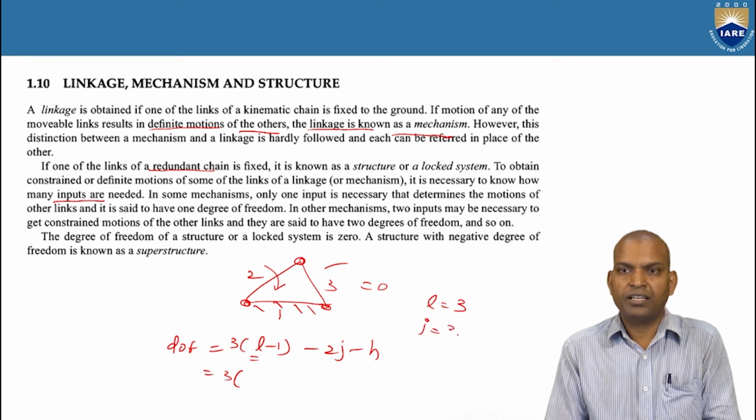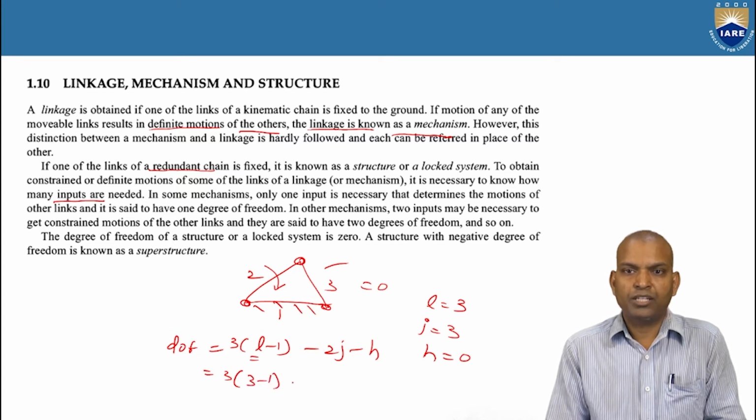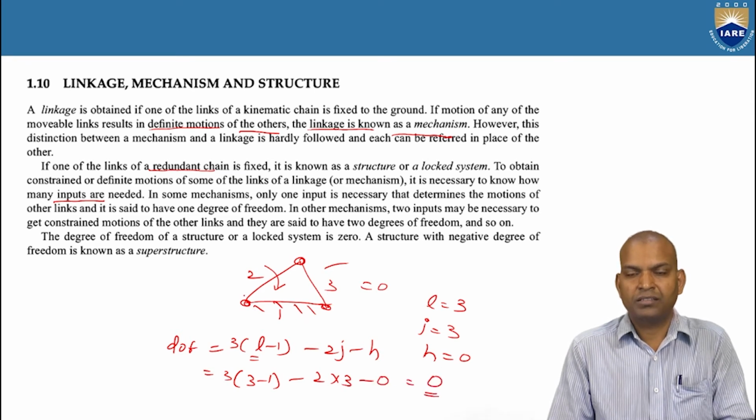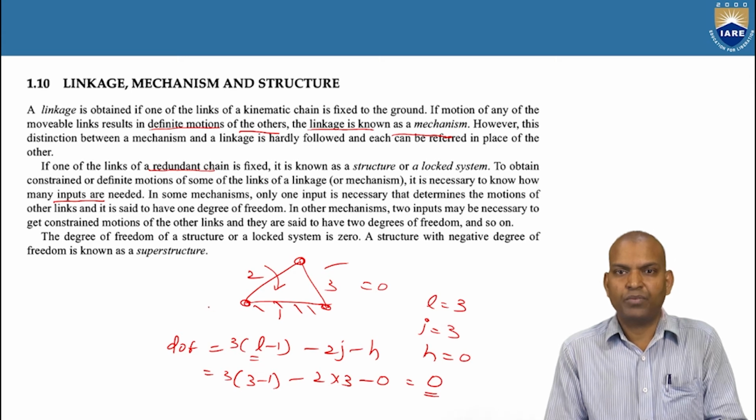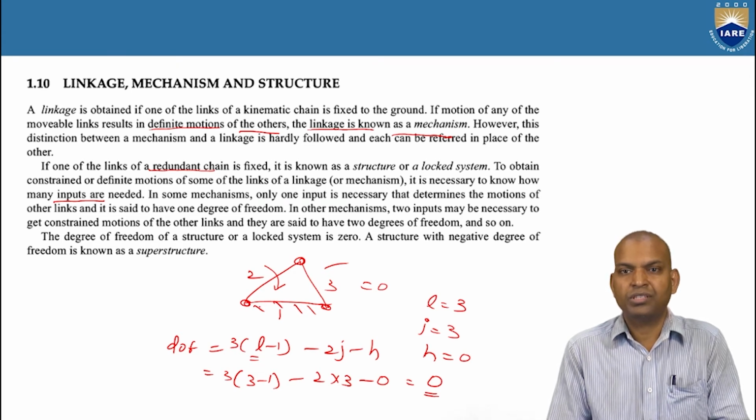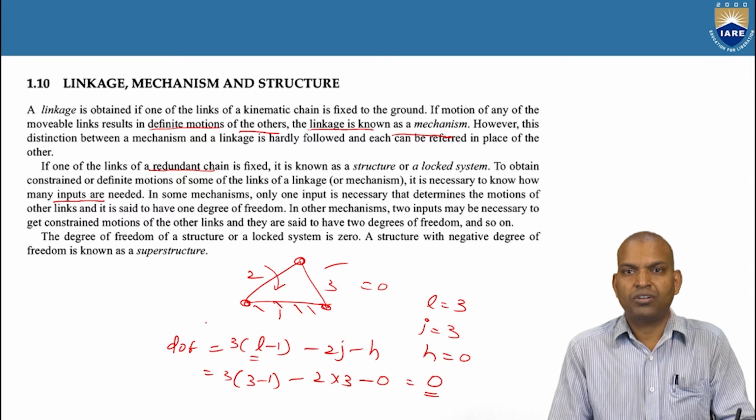How many joints are there? 3. How many higher pairs are there? 0. Substituting, 3 times (3 minus 1), minus 2 times 3, minus 0. Then what is the degrees of freedom of this 3-link kinematic chain? It is 0. That's why the degrees of freedom of this 3-link mechanism is 0, and it is called a structure.